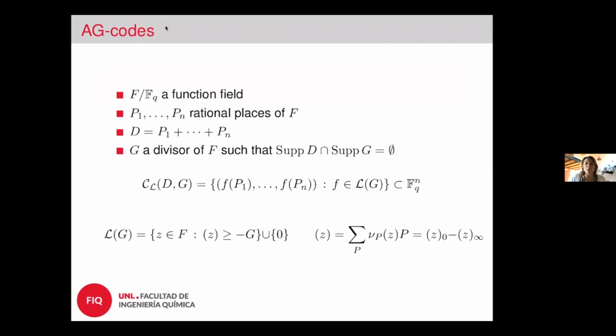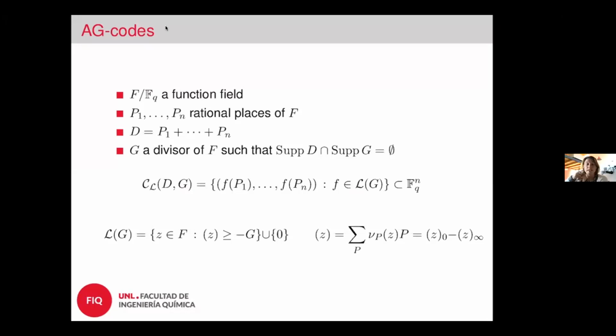So I'm going to work with a function field F over a finite field F_q. I have to pick n rational places, which are places of degree 1. You can think of points if you want, rational points on the curve. And make a divisor D, which is the sum of these rational places. I have to pick also another divisor G, such that the P_i's are not in the support of G.